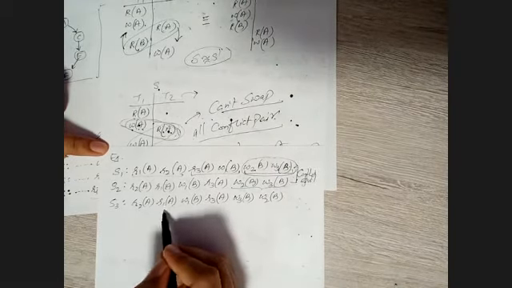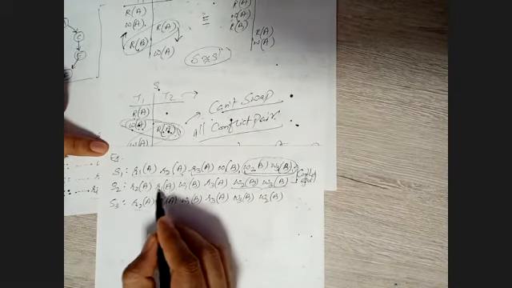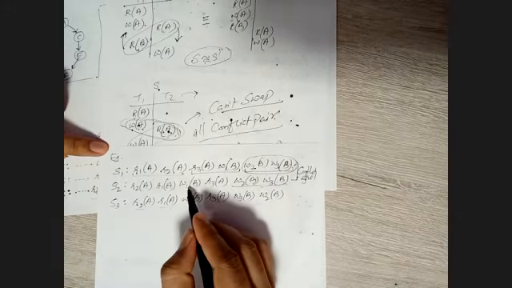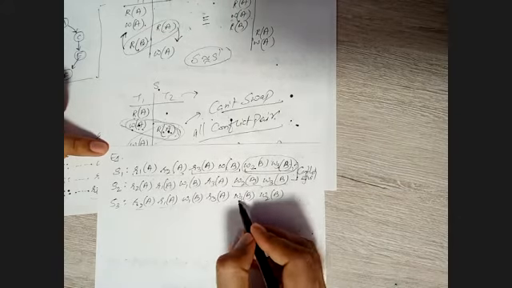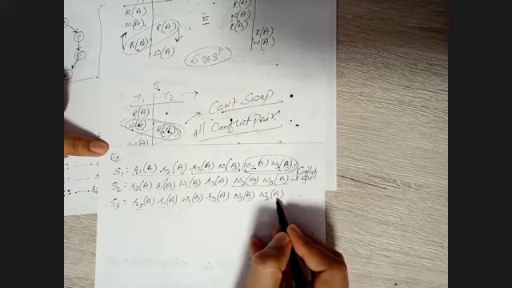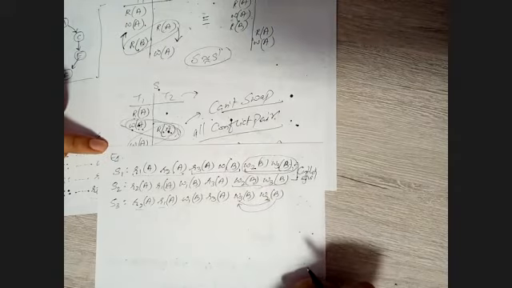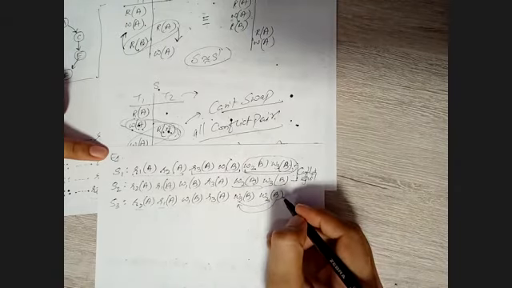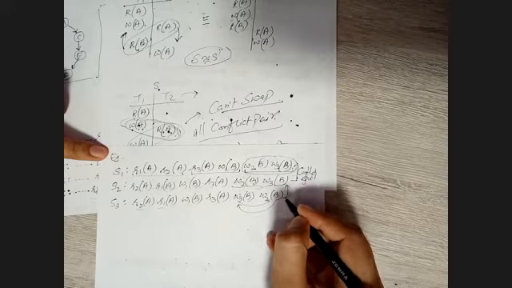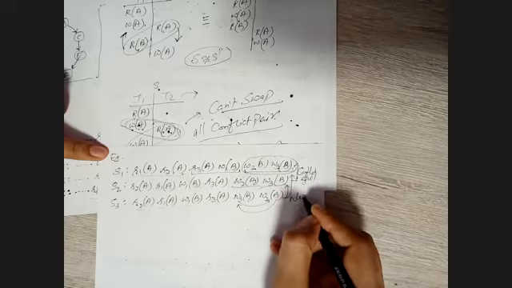What's wrong with S3? Let's see. R2A, R1A, okay, fine. W1, R3, this is also fine. W3B, W2B: see, this pair changed. Both of these operations are exchanged. So this schedule is not conflict equal with S1 and S2.